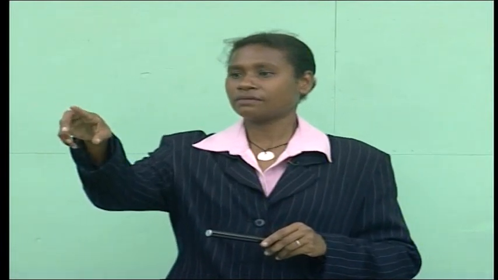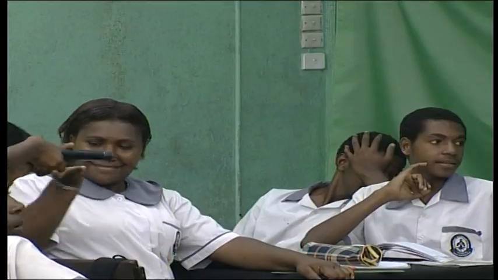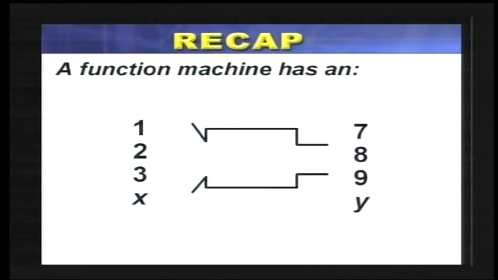Okay, let's have Nancy. Input. Do we all agree we have the input? Okay, numbers 1, 2, 3, and the pronumeral x represent the input, numbers going into the function machine.